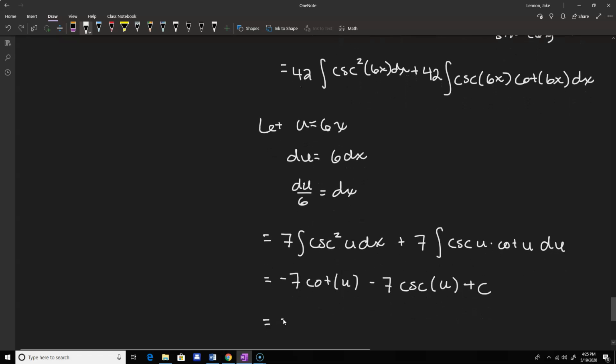So this finishes off as minus 7 cotangent of 6x minus 7 cosecant of 6x plus a constant.